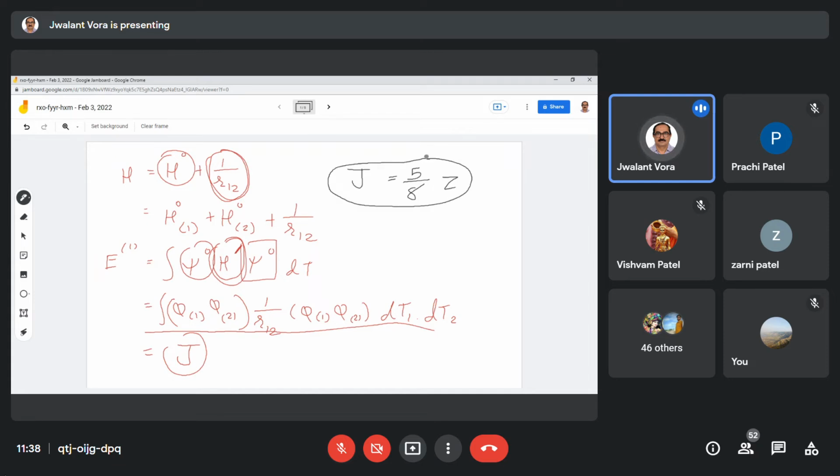How? I don't know personally. They have not given any calculation, so I am simply saying that the J value after calculation was found to be 5 by 8 Z. Remember this for 1 mark.